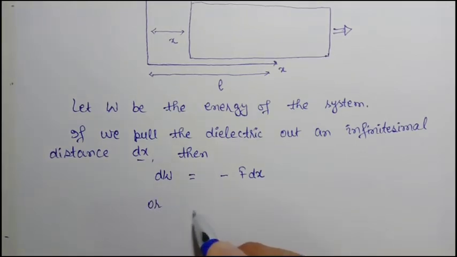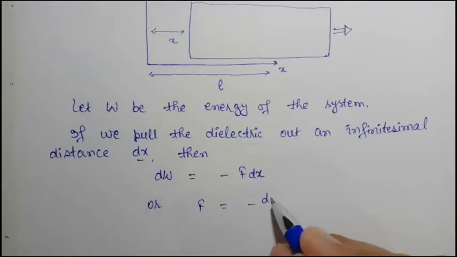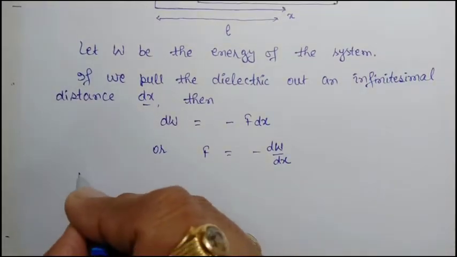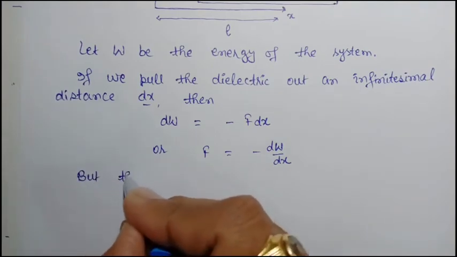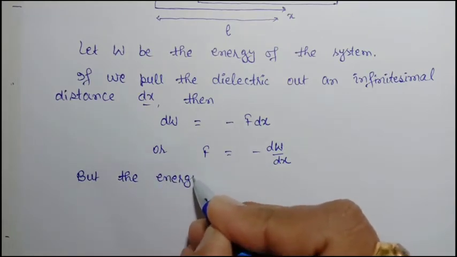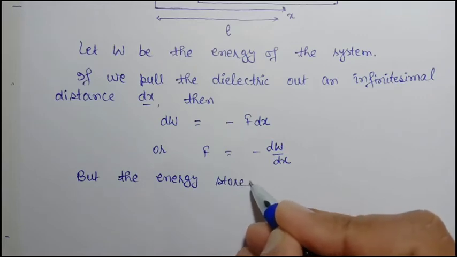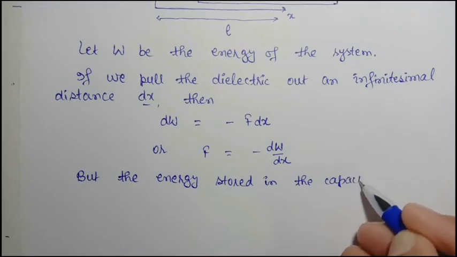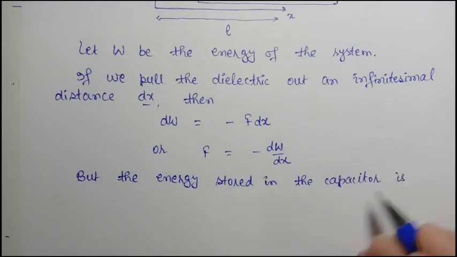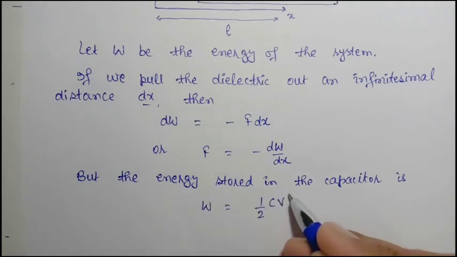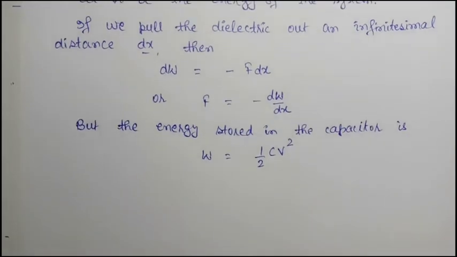Further we can write F equals minus dW by dx. But the energy stored in the capacitor is W equals half C V square. This is a well-known relation.